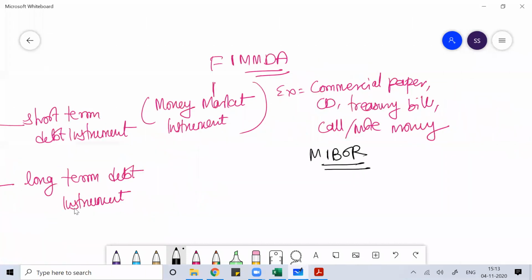When we talk about MIBOR, it basically means Mumbai Interbank Offer Rate.